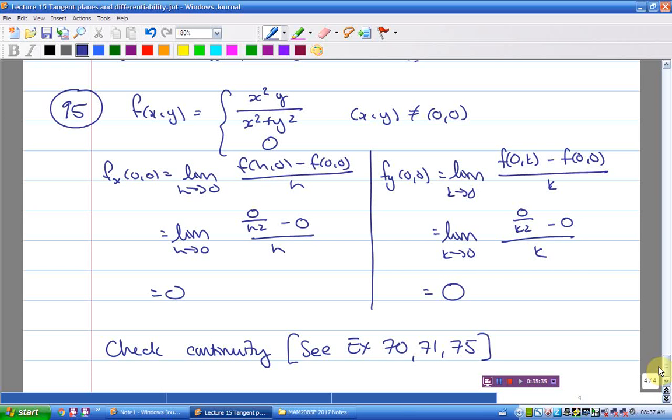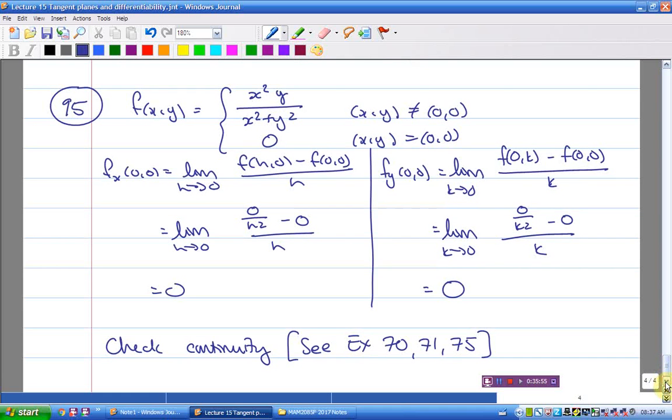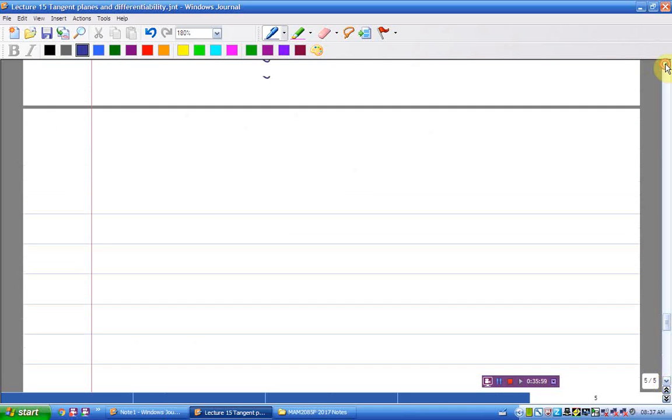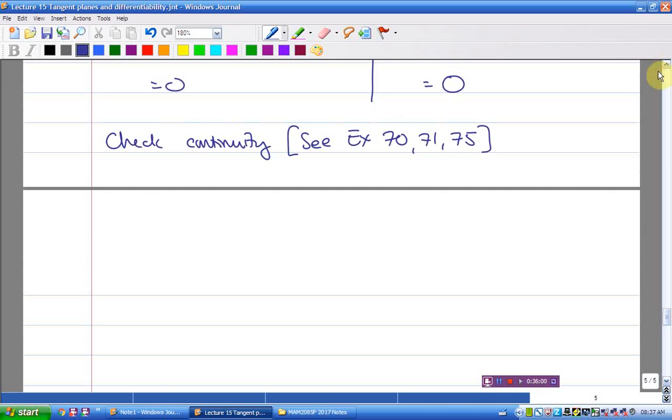But here, because we've done a piecewise definition and plugged the hole with that 0, where xy equals 0, we have defined our function at the point, and the function and the limit are the same. So the function is continuous. So the partial derivatives exist, the function is continuous. Now we're going to check out differentiability.